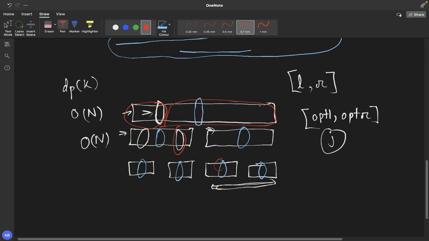Well, the information we have is basically only from the segments in its parents. So we saw that the optimal splitting point was this. So the opt L for this particular segment becomes this point, and the opt R becomes this point.